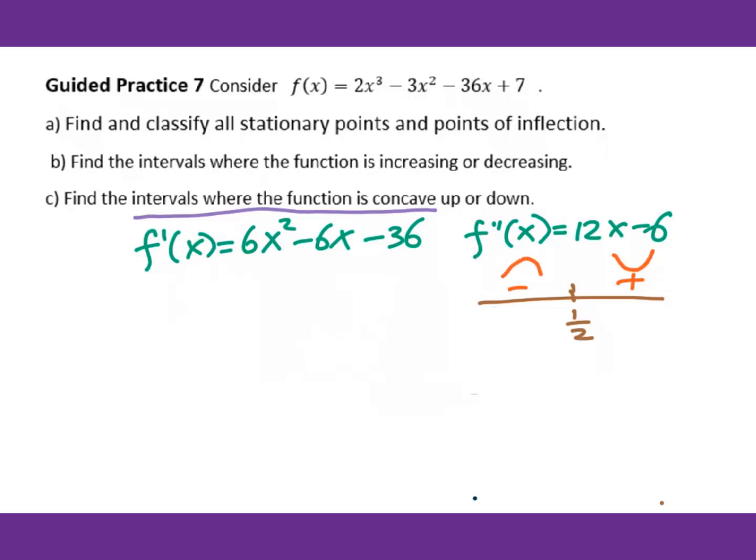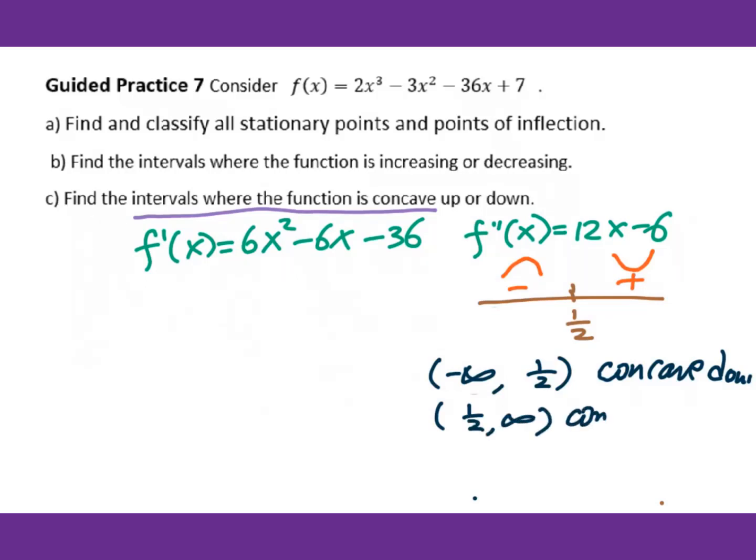So we can write down from negative infinity to 1/2, this is concave down. From 1/2 to positive infinity is concave up.